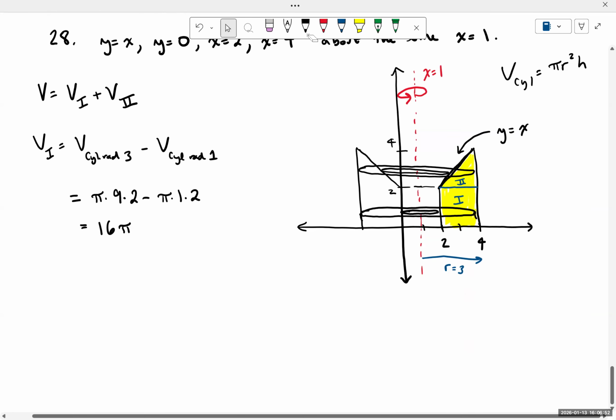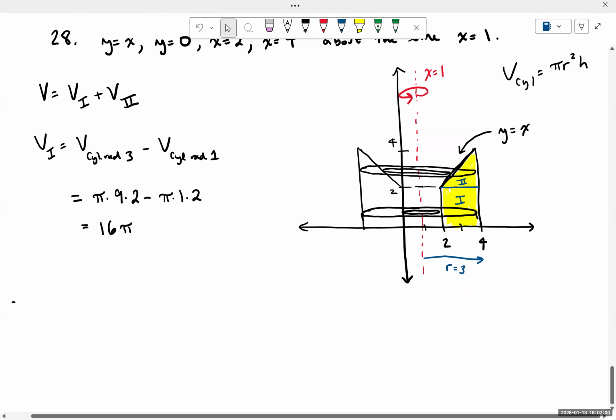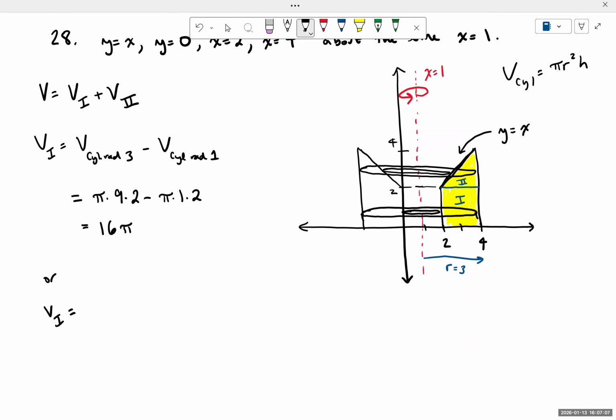Let's say we didn't do that. Let's say we did it the calculus way. So let's do the calculus way. I have pi times, again, remember now, let's watch out, because we are going around the line x equals 1.